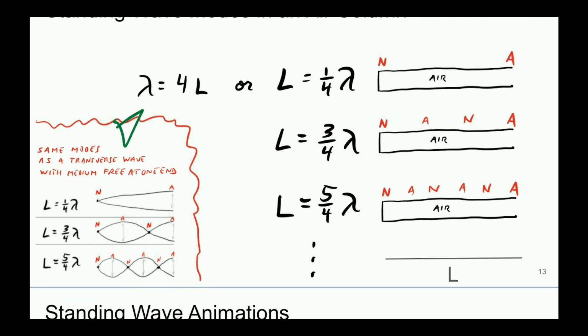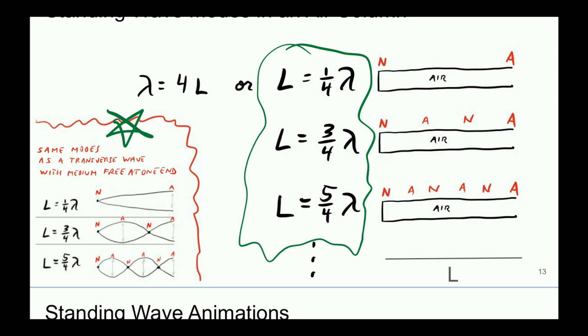So for a vibrating string, the harmonic series is quarter lambda, 3/4 lambda, 5/4 lambda, and here we are in an air column with the same harmonic series. So all of the math is the same for a vibrating air column as it is for a vibrating string.